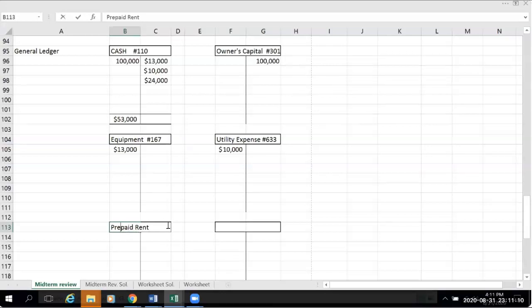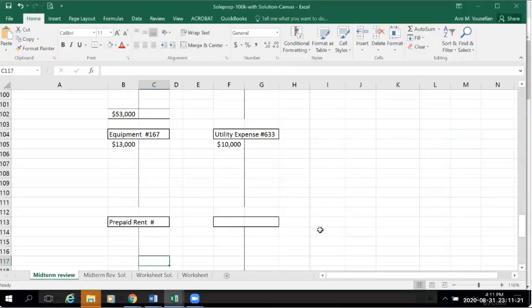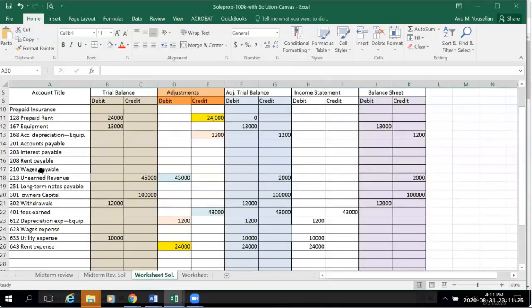Prepaid rent. What's the account number? Let's use the worksheet. Prepaid rent here, 128. Let's use that, okay? 128.